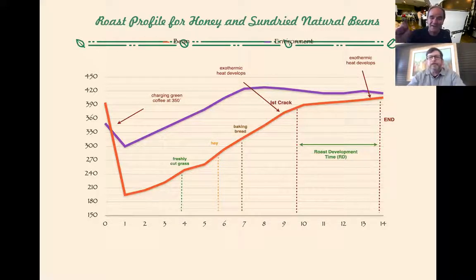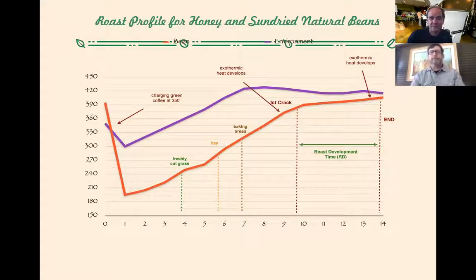But here we over accentuated the milestones in the cycle of roasting. So you can see that point of freshly cut grass, the point of hay, the point of baking bread, and the point where the first crack occurs. And then the roast development time leading to the end.